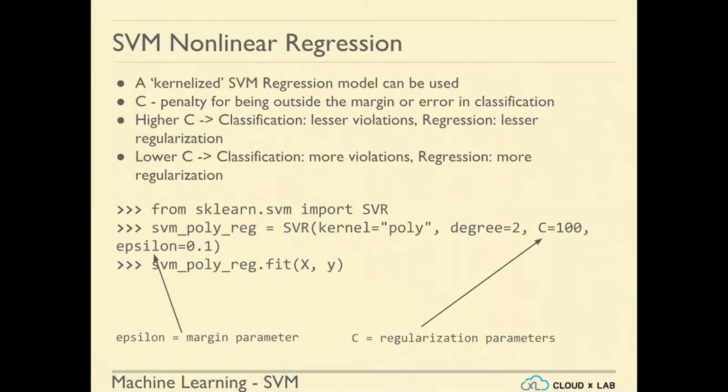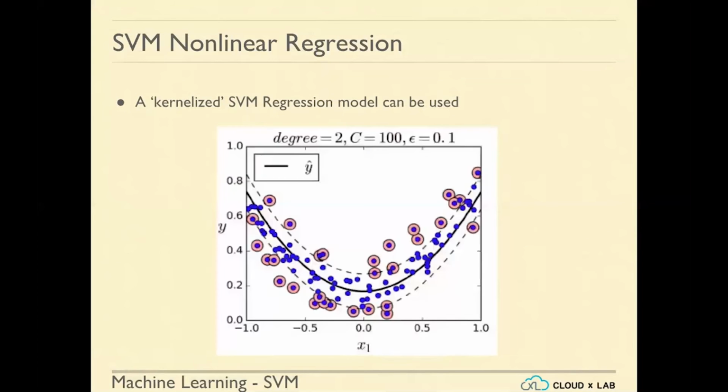C is the penalty of being outside the margin or the error of classification. Okay, let me go back here. So what's happening is that in case of regression, specifically when we have data which is nonlinear, we could have three parameters in case of kernelized SVM regression.